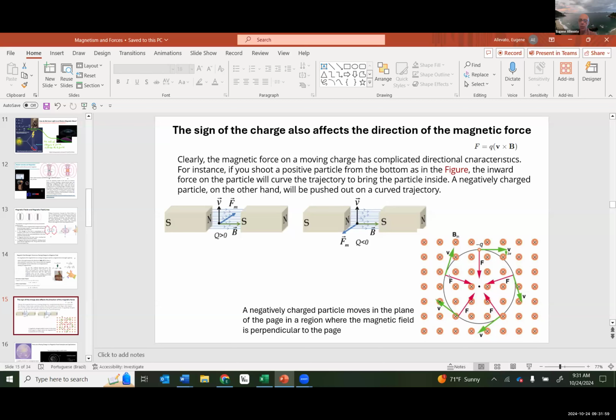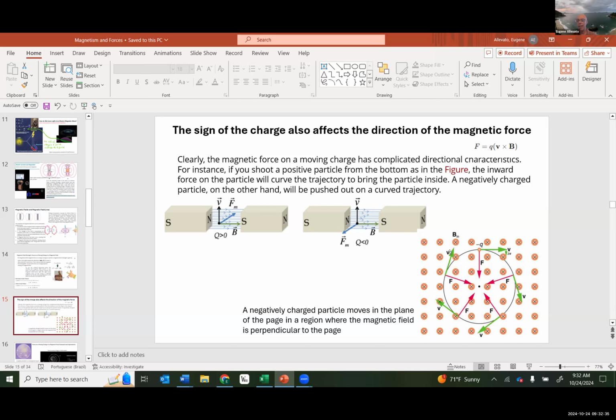Now, also, as the force is perpendicular to the velocity, you can make an analogy to when you have an object on a string and you rotate it in circular motion, right? What makes the object go in a circular motion is the centripetal force. It's the force towards the center.